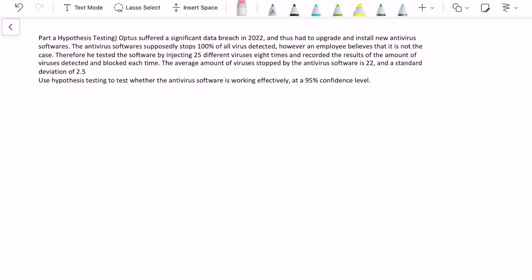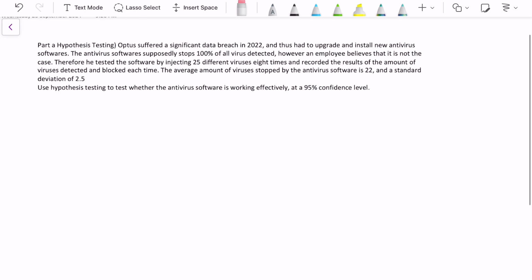In the first step of hypothesis testing, we need to state the null and alternative hypotheses. In this case, H null would be mu equals 25, as he injected 25 different viruses to test the antivirus software.